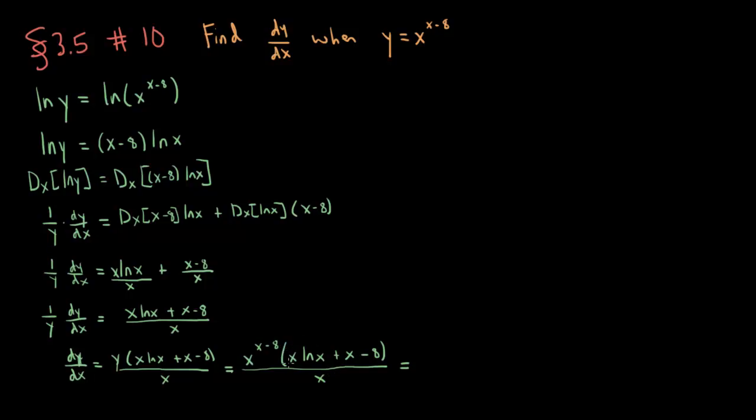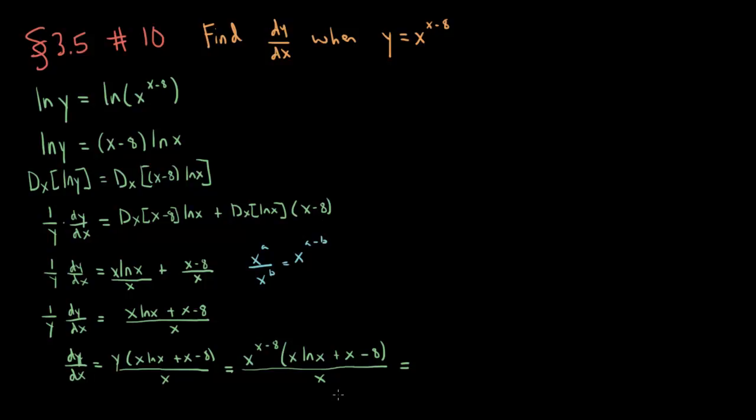So we can use our rules of exponents, namely the rule that says x to the a over x to the b can be reduced to x to the a minus b power.